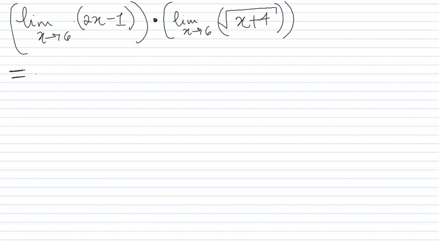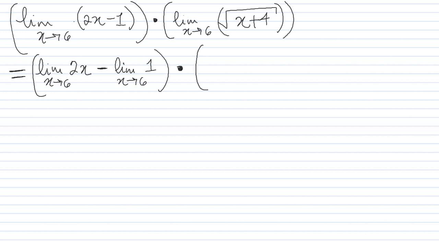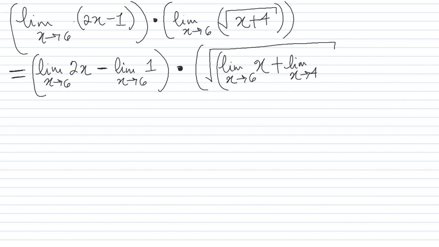So you have the limit as x goes to 6 of 2x minus the limit as x goes to 6 of 1, all of that multiplied by the limit as x goes to 6 of x plus the limit as x goes to 6 of 4.